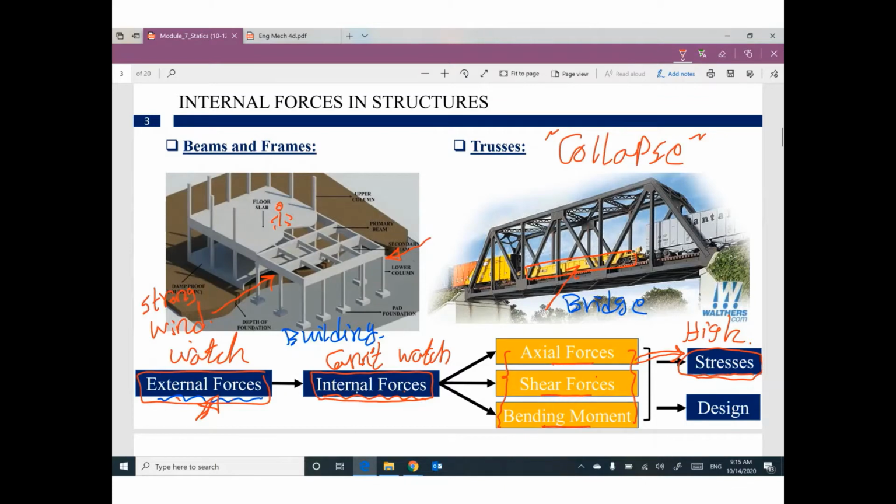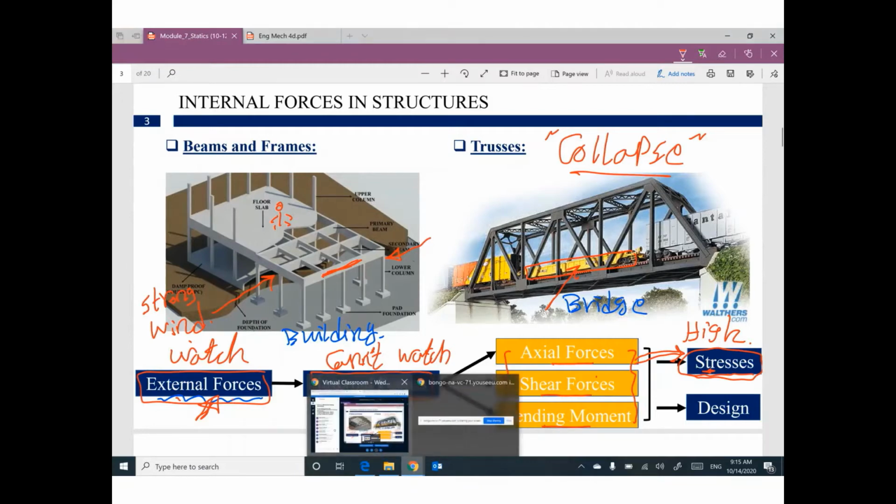The material of the building, which is wood or concrete or steel, cannot resist, cannot support these stresses. So we can expect collapse of the building. This is the big story for any structure, for any building. Any question so far?